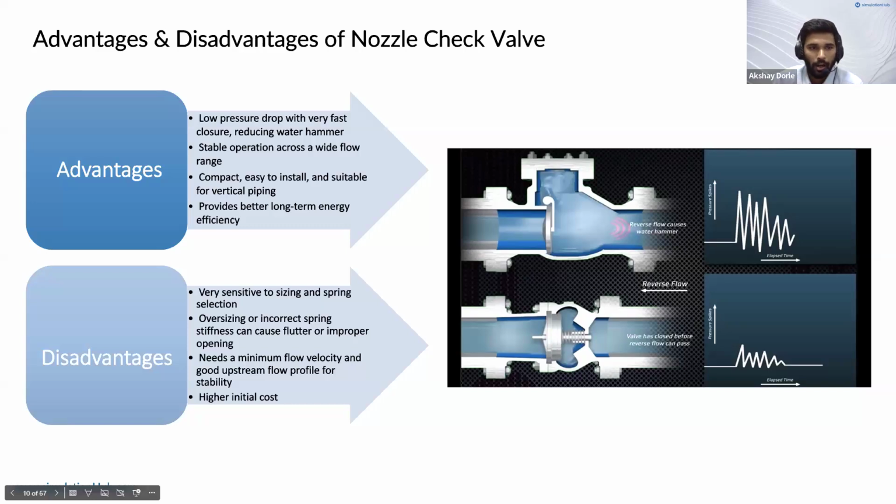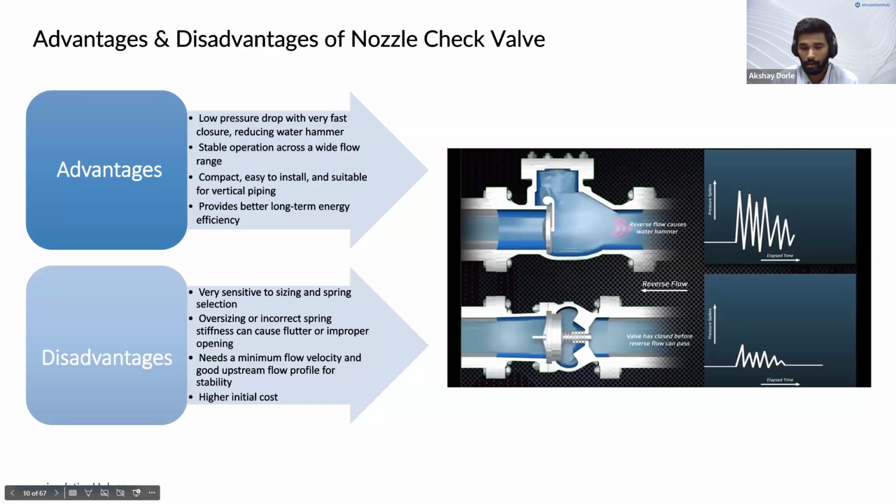The disadvantages would be that it's sensitive to sizing, so you must size it pretty well, and your spring selection matters a lot, as it's the controlling component of the valve under reverse flow. So sizing the spring becomes very important.